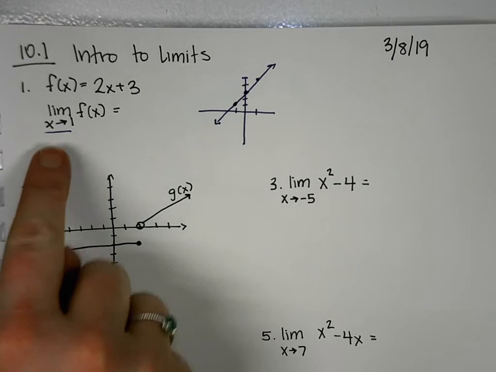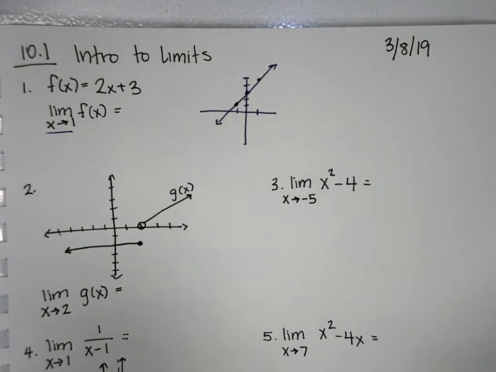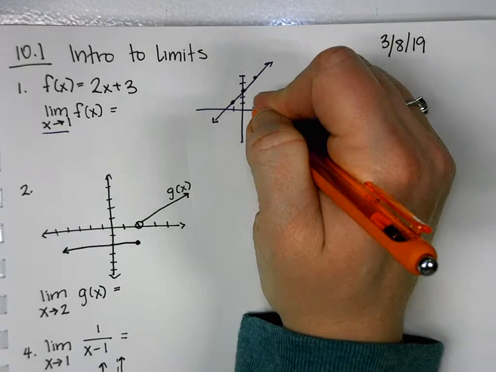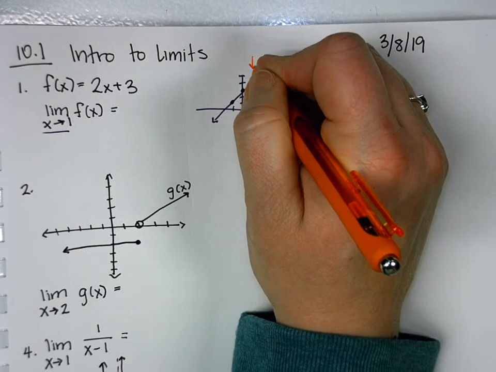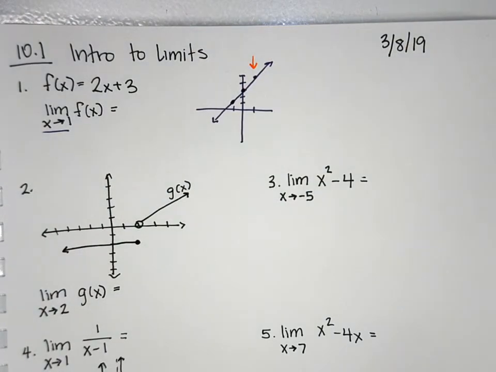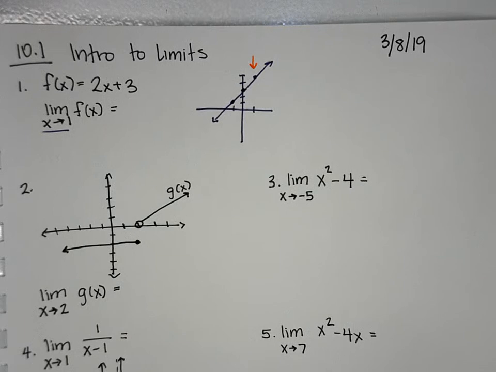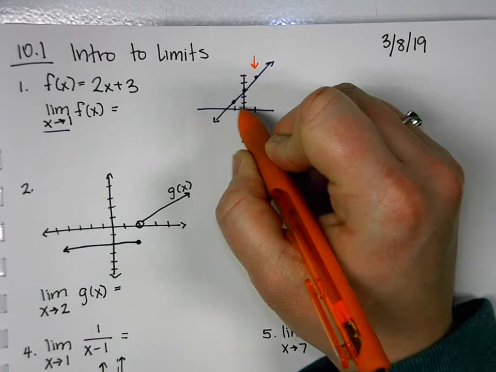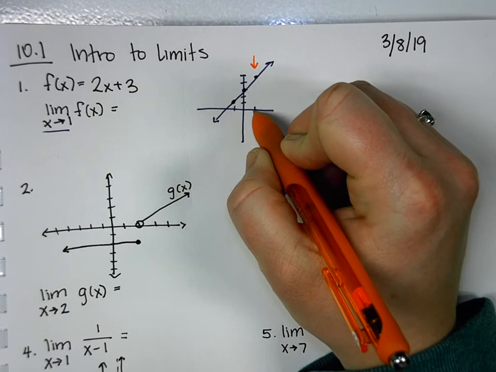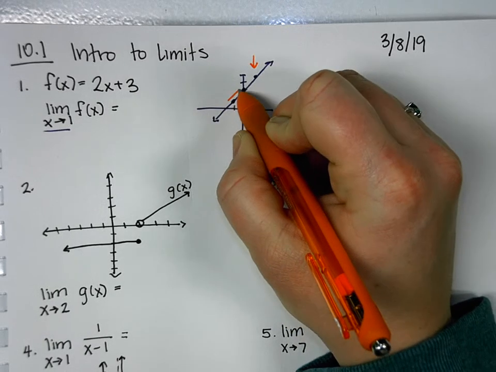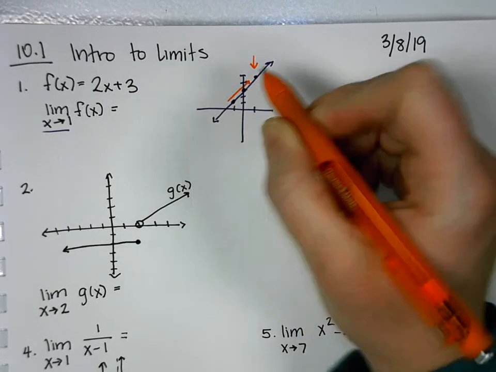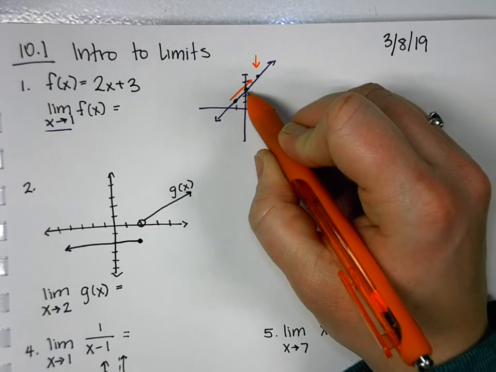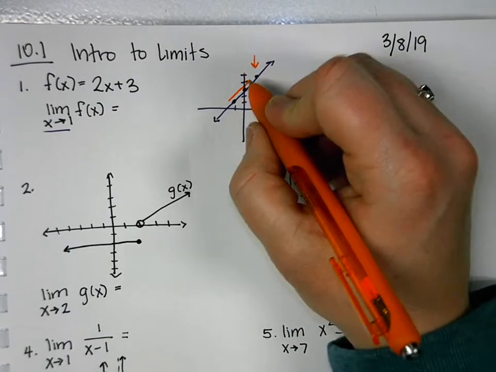So this number, the 1, tells us the x value that we're going to look at. So this is our x value that we're trying to see what the limit is. The limit stands for the y value you get when you approach the x value. So my y values, as I approach from the left, are getting closer and closer to 5.